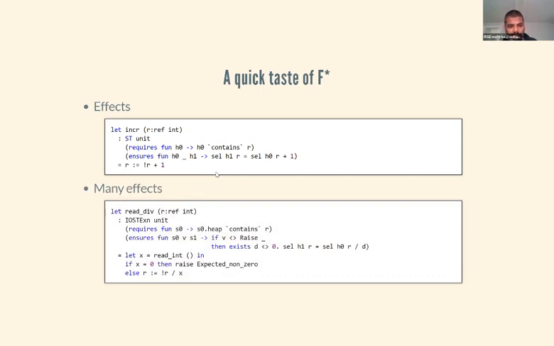And you can do this with many effects and combine them. So for instance, here's a piece of code that reads an integer from input, checks if it's 0, it raises an exception. Otherwise, it does division with the integer that it read from input. And you can give this a specification that describes all of these effects together in a way that you choose to model.